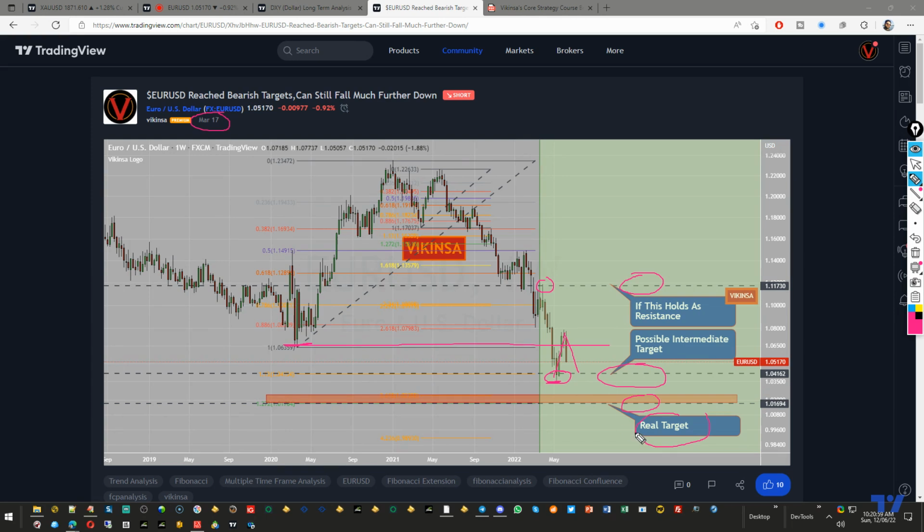Okay, which is the 1.04162 level, right? If it breaks through that previous low, then obviously it can come down to 1.01694. However, the market can still form a double bottom or divergence based double bottom. So what I mean by that is, euro fell, then went up, now it is right here.